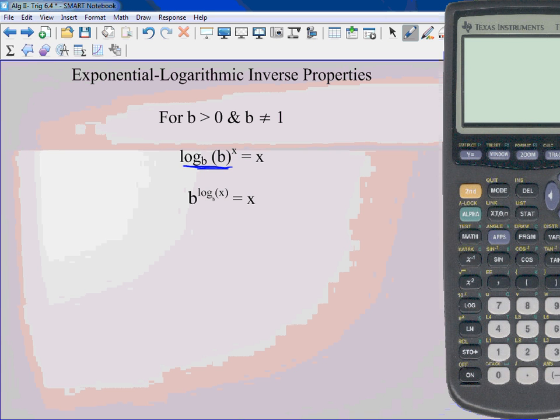Rewrite this: x times log base b of b. Okay, b to the what is b? First. So it's x times 1, which is x to the first, x.